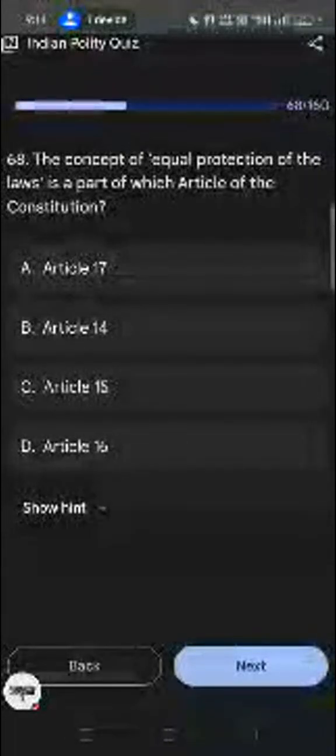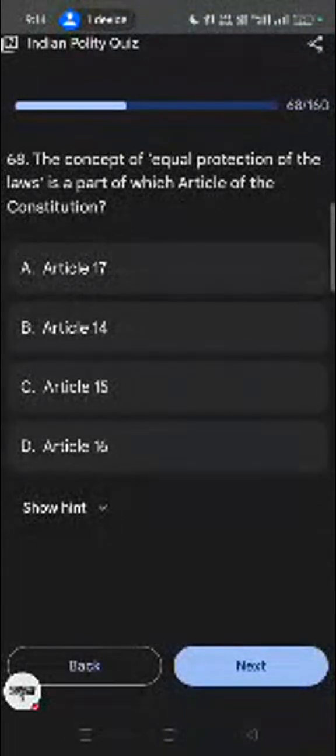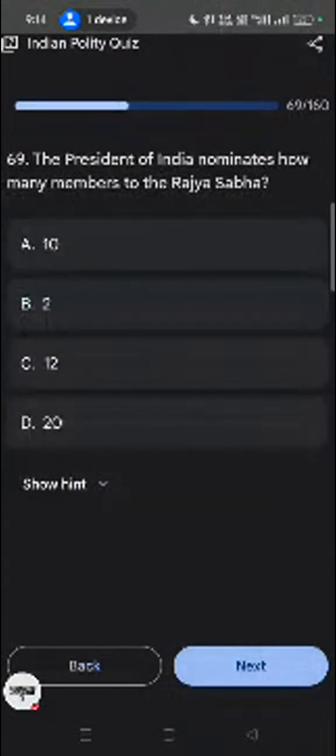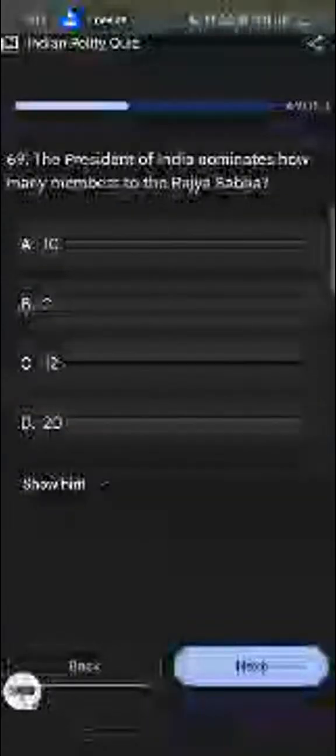The concept of equal protection of law is in Article 14. The President of India nominates how many members to the Rajya Sabha?